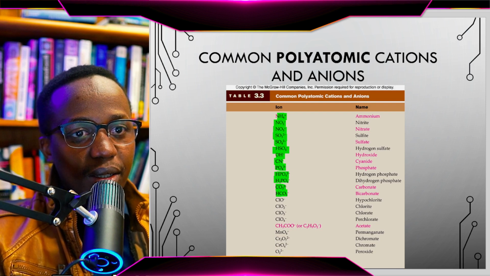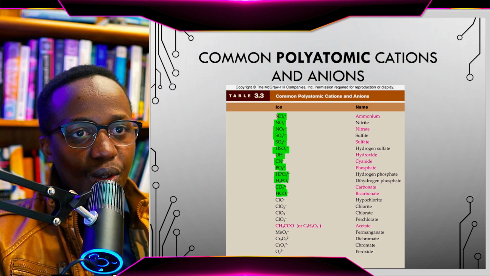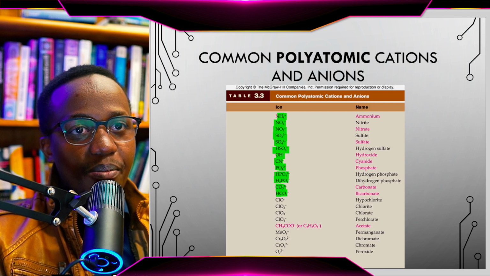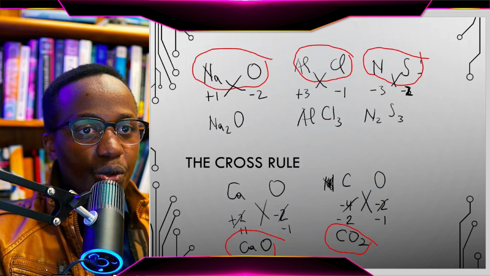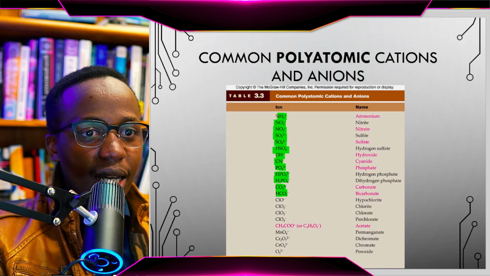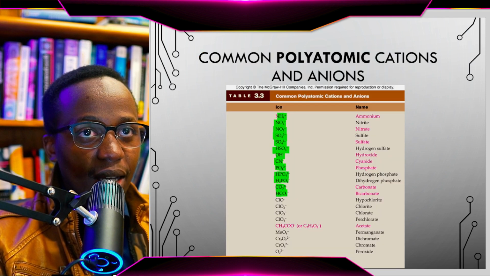And by the way, guys, going back to making our formulas and our cross rule, the cross rule also applies to polyatomic ions.